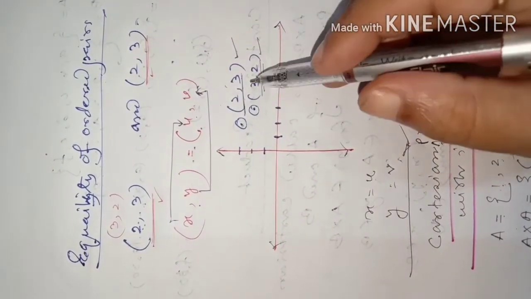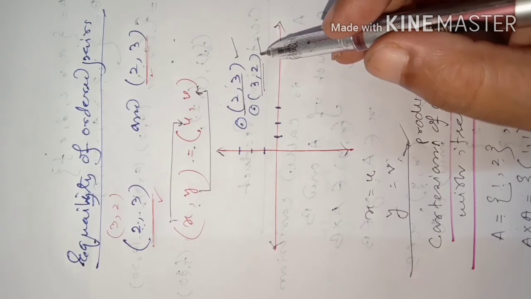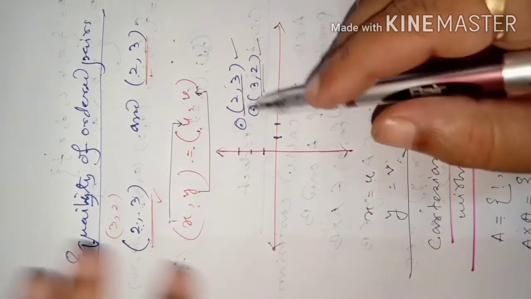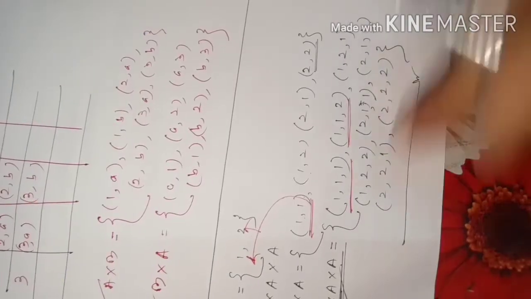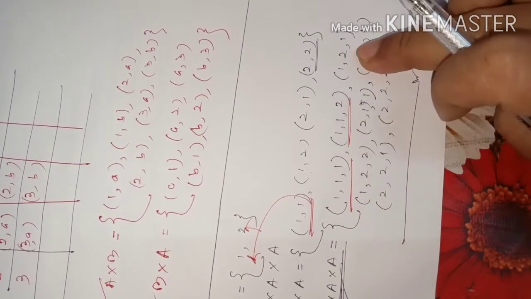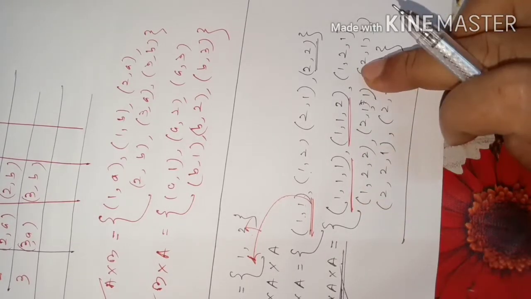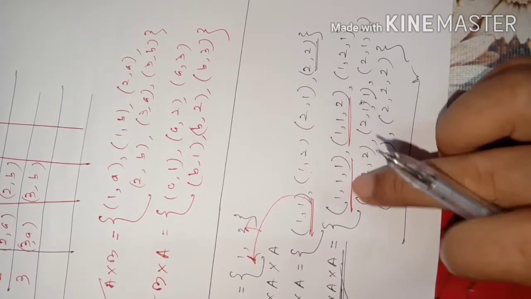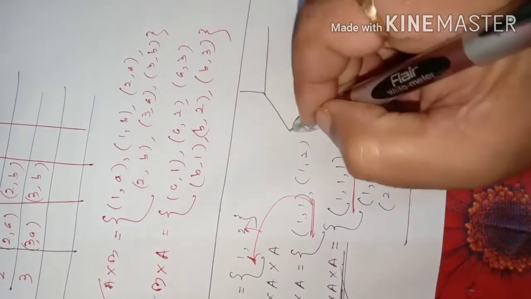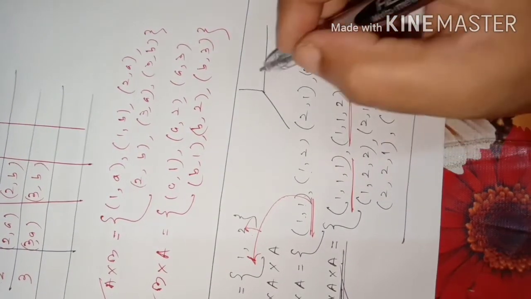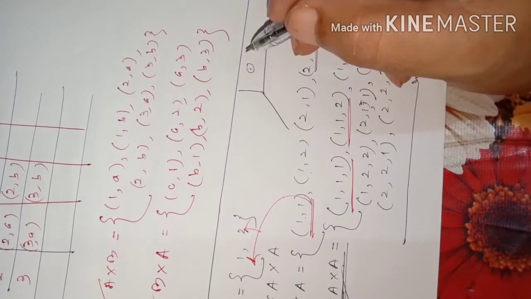So (2, 3), (3, 2), all these are ordered pairs. And in 3-dimensional space, there will be ordered triplets. Got the idea? These represent points in space. In 3-dimensional space, (1, 1, 1) will represent a point.